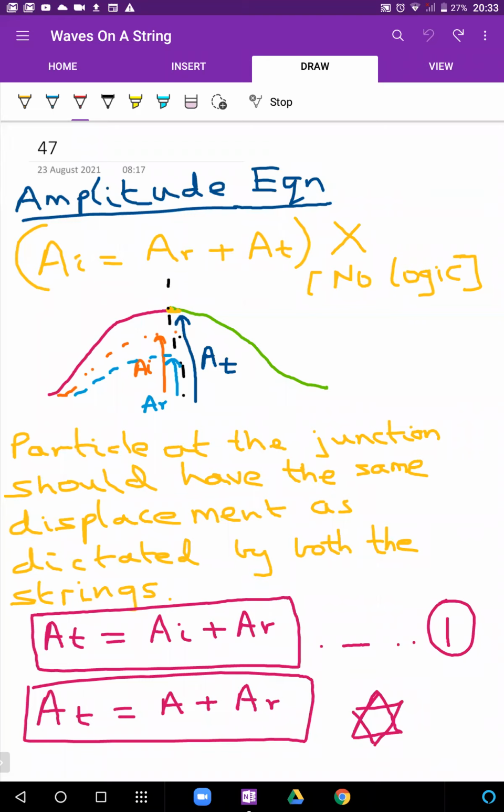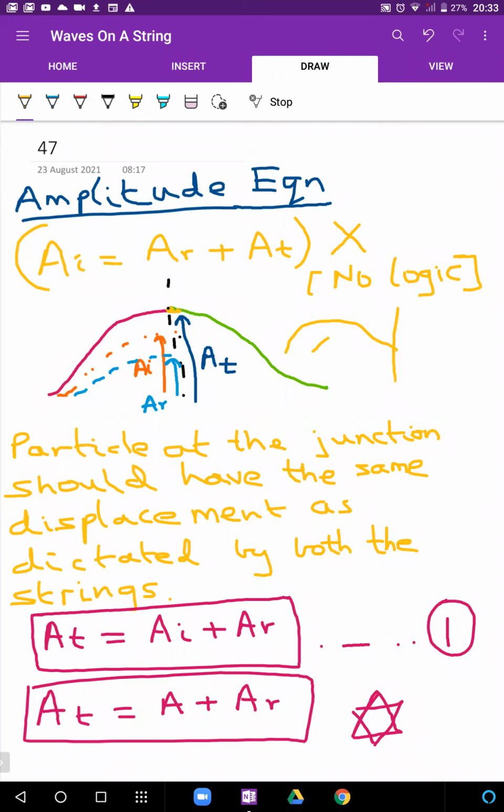In the diagram, the pink string is the resultant. The orange dots are the incident wave and the light blue dots are the reflected wave. Yes, Disha, and they'll be together. You should understand that the reflected wave will start as soon as the incident wave has reached there.